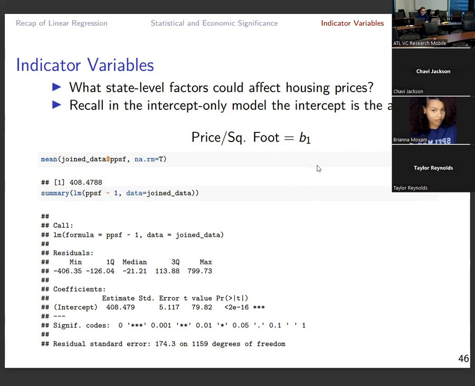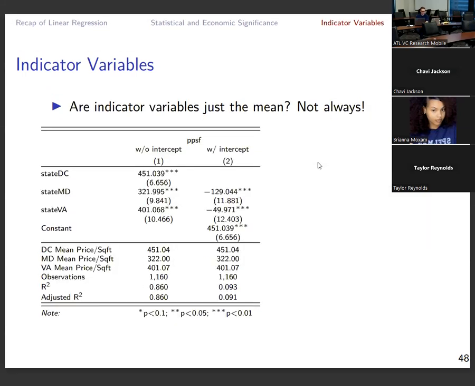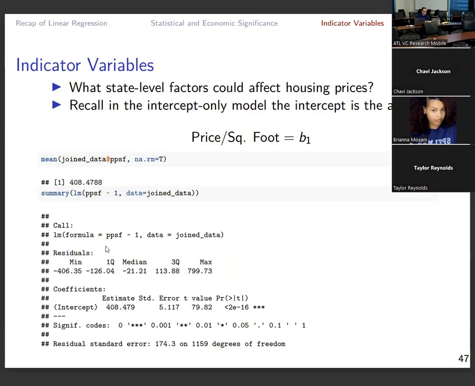All right, so let me think how I want to do this. So this is simply a regression. Let me show you what it is.